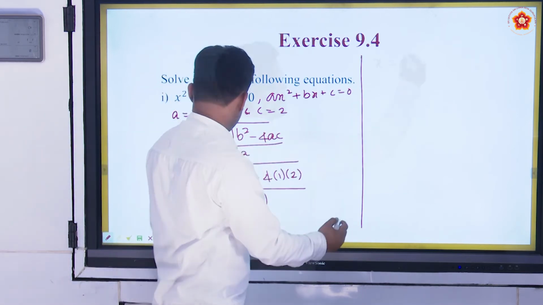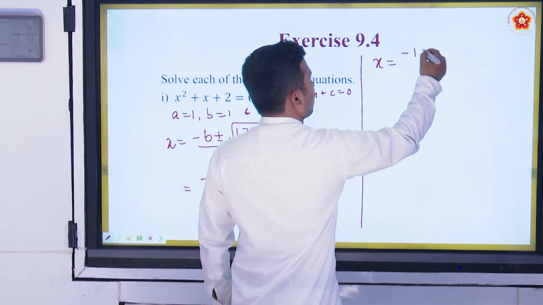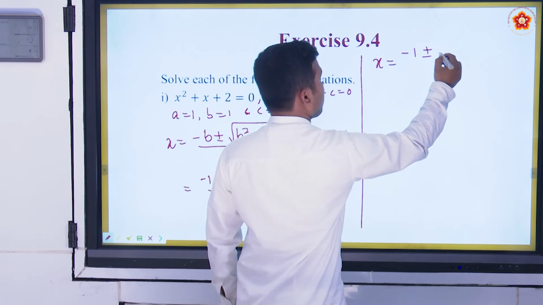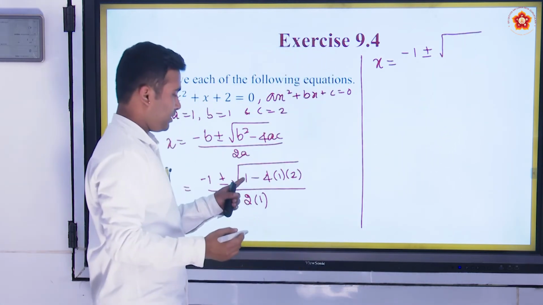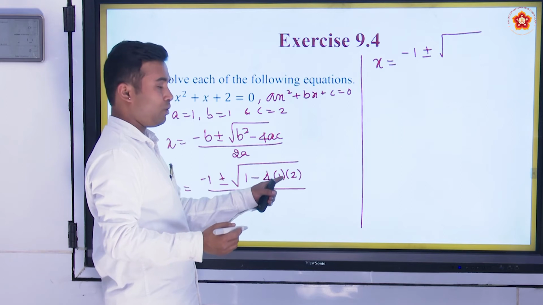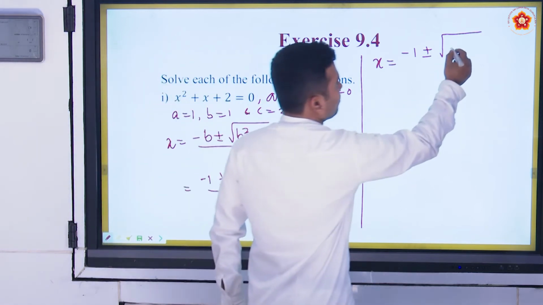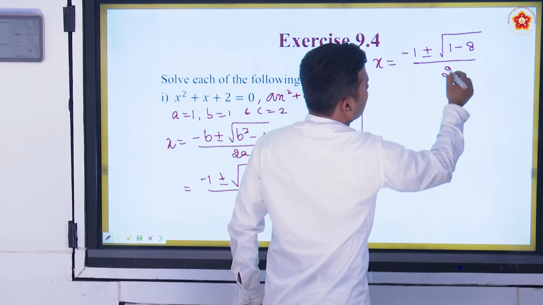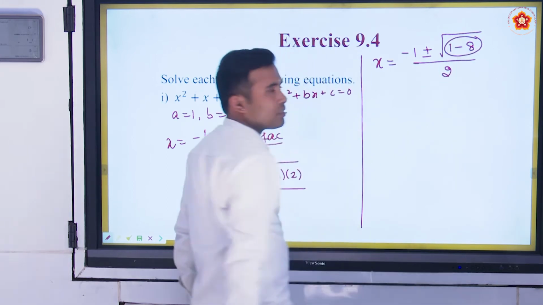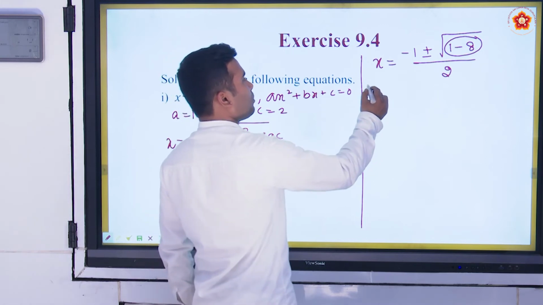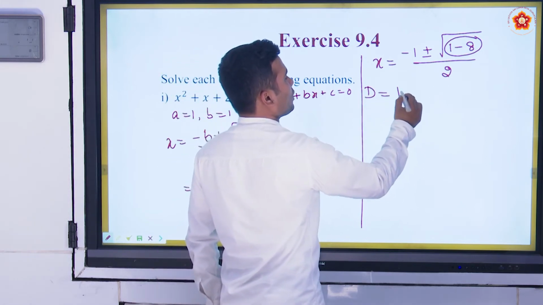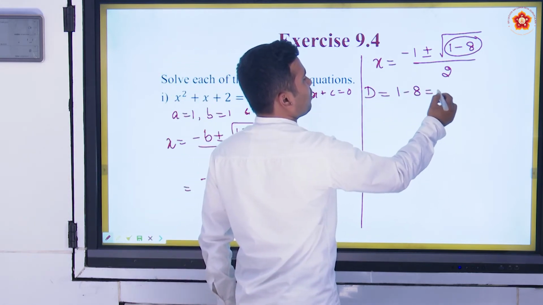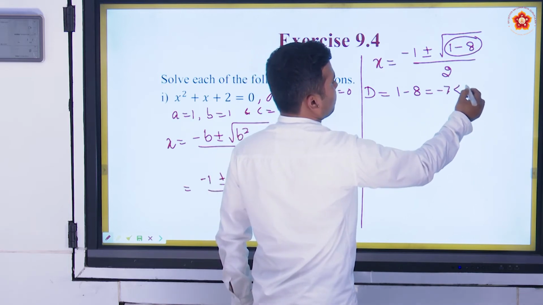So, continue this: 1 plus or minus square root of, simplify this, 4 into 1, 4 into 2 is 8, which is 1 minus 8, whole divided by 2. Here this is what b square minus 4ac. Here D is equal to 1 minus 8, which is equal to minus 7, which is less than 0.